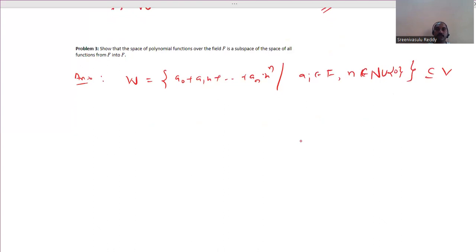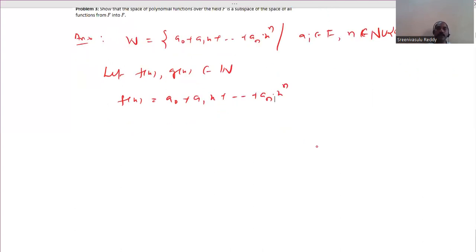So take two functions. Let f of x, and usually functions are named f and g of x. f of x has some degree, second degree or third degree; for example, I am considering nth degree. And g of x also has some degree, say mth degree.